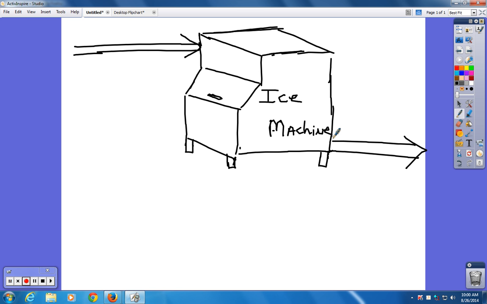Now, in order for an ice machine to work, it has to have electricity. Let's say that the electricity is given. What do you have to have for an ice machine to work? Let's say the ice machine is plugged in and working good.